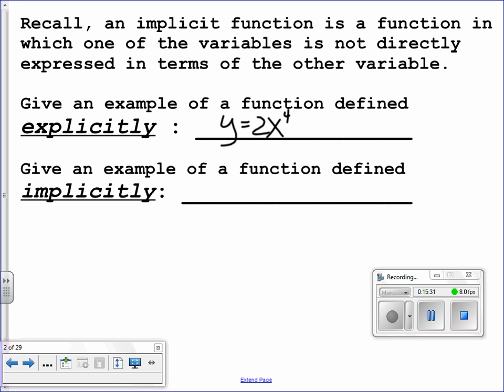Someone else, give me an example of an implicitly defined function. It can be as crazy as you want. Wait, that's your idea of crazy? x plus y equals 74,000? Because that would be just subtract the x. Wait, 9? Like xy to the 11th like this, or was the whole thing to the 11th? Oh boy. That's what I'm thinking. Okay, so plus 10x.